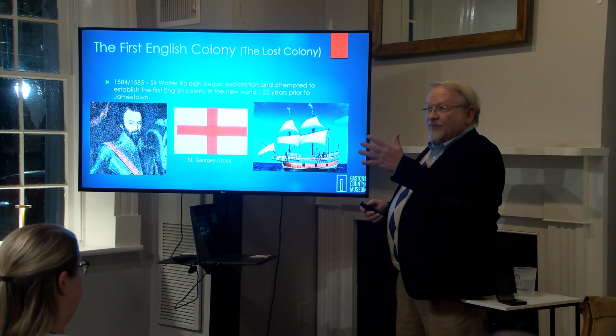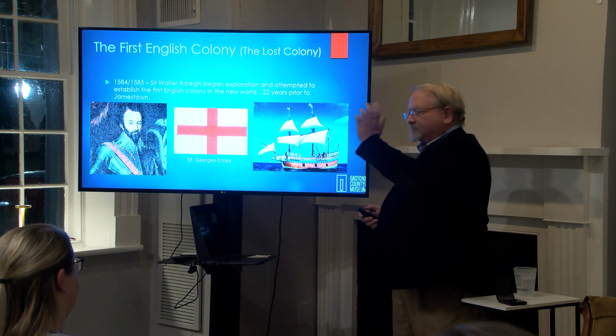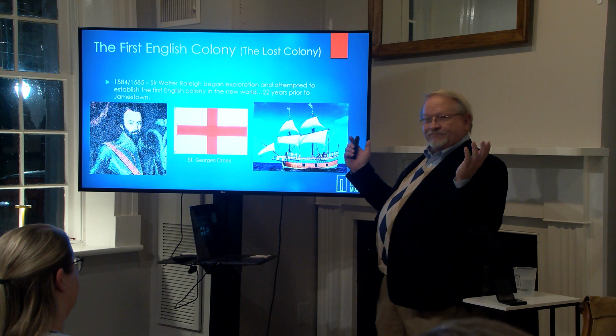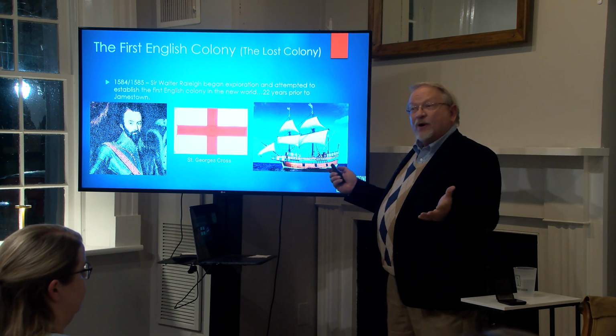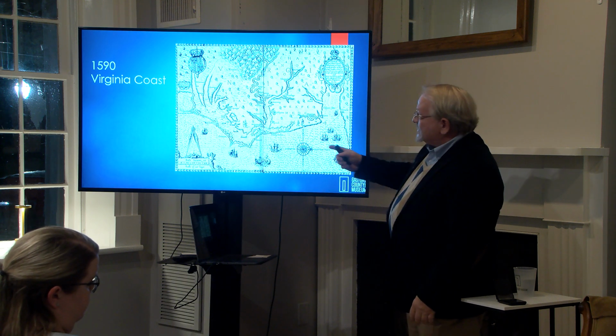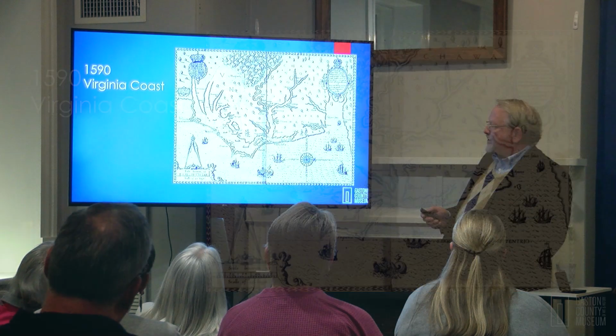We all know the story of the Lost Colony. Sir Francis Drake came back. They came back and they were all gone. So they can't really claim that as the first English permanent colony. But this is the type of map that he probably would have used when they were looking at the coast of Virginia and North Carolina, because this was the 1590 map of the Virginia coast.